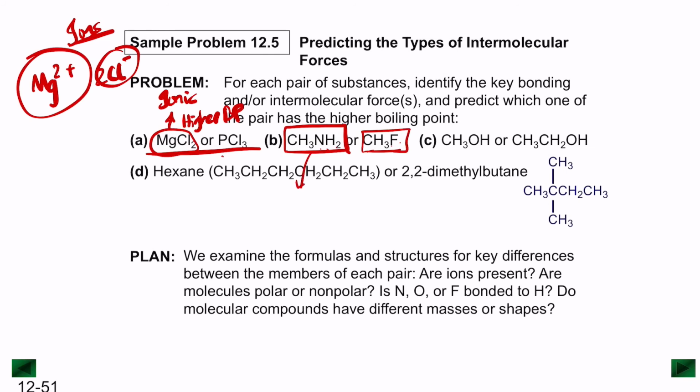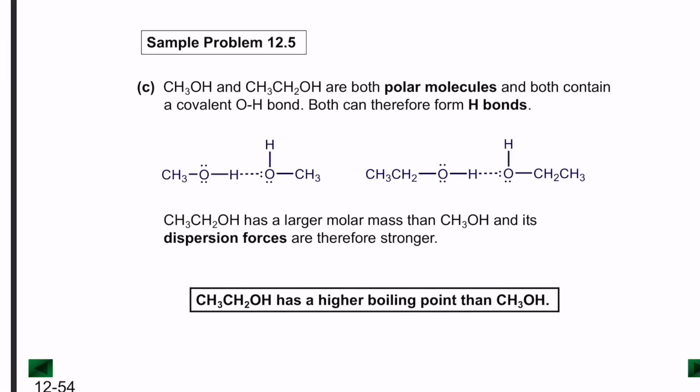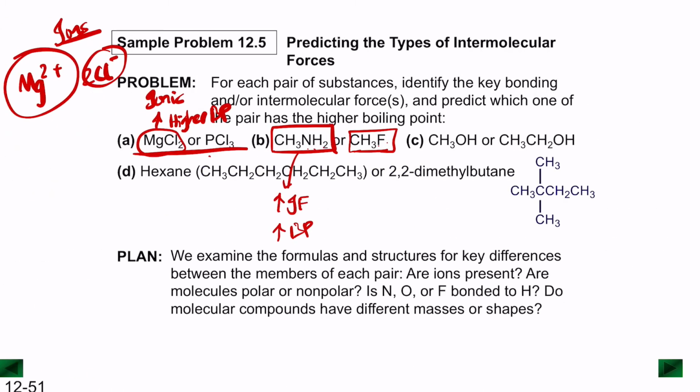CH3NH2 has a higher intermolecular force, and therefore a higher boiling point. This way, try to determine across all the molecules which of these have higher boiling points. Pause the video right here and try to determine the molecules.